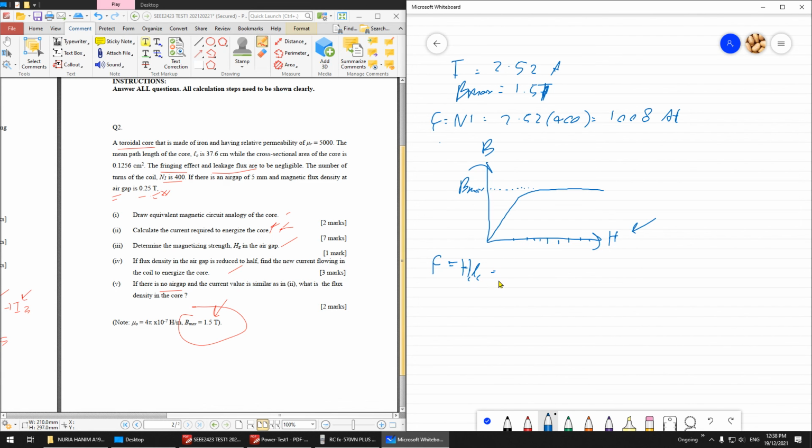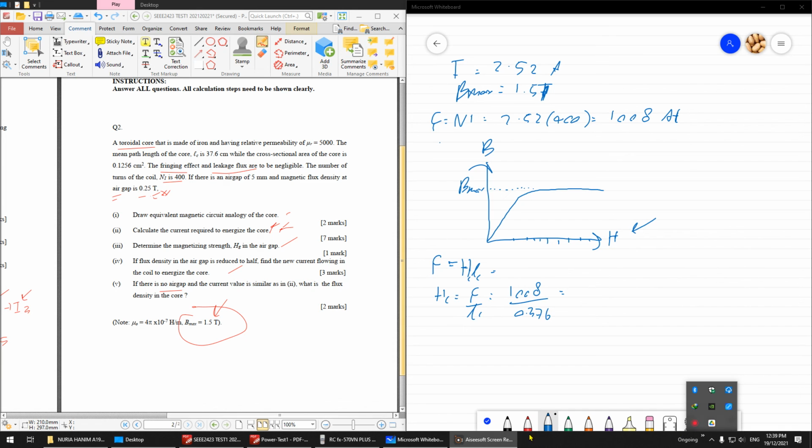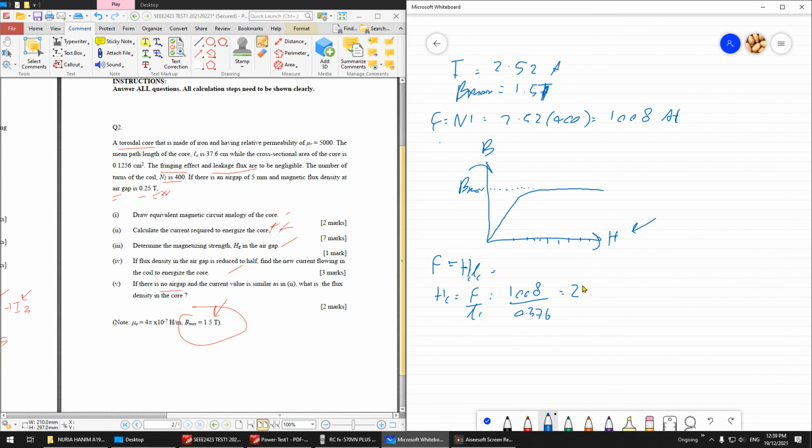So H core is equal to F divided by L core. F is 1008 divided by the length 0.376. Let me use the calculator. So you get 2680.85.